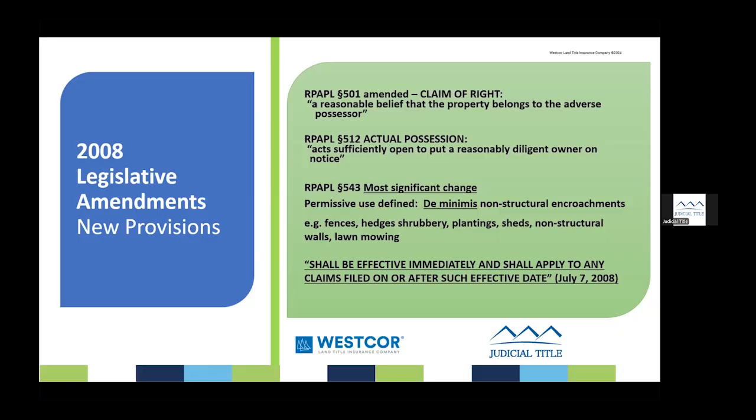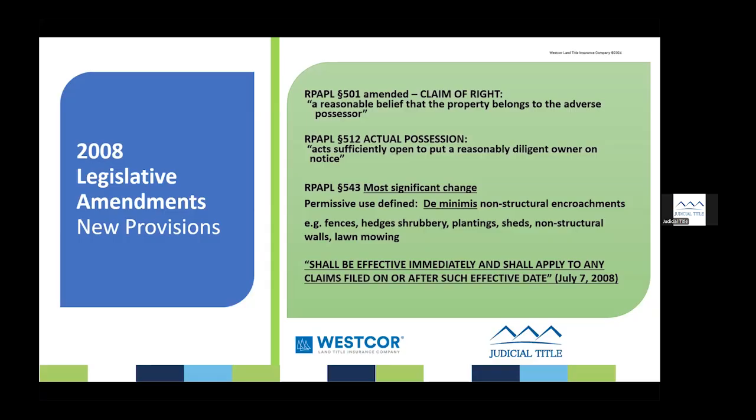The land is deemed to have been possessed and occupied for adverse possession purposes by an adverse possessor where there have been acts sufficiently open to put a reasonable, diligent owner on notice, or where the land has been protected by some substantial enclosure. And then further into the revised statute, Section 543, another significant change, I'd say, they've added the de minimis non-structural encroachments.